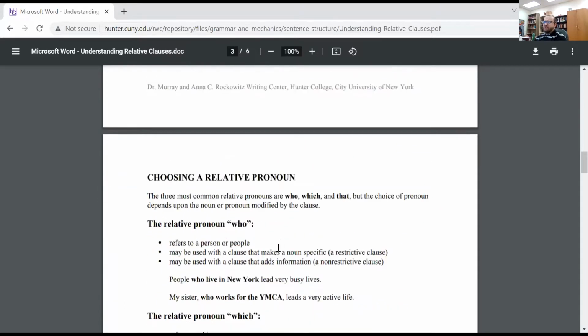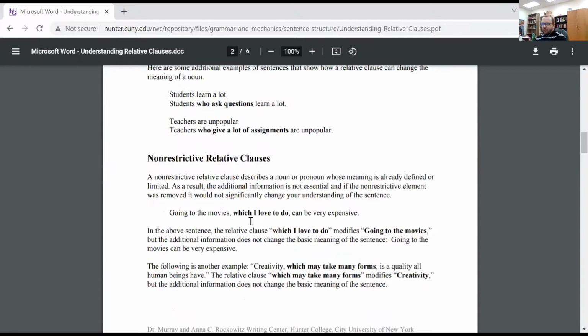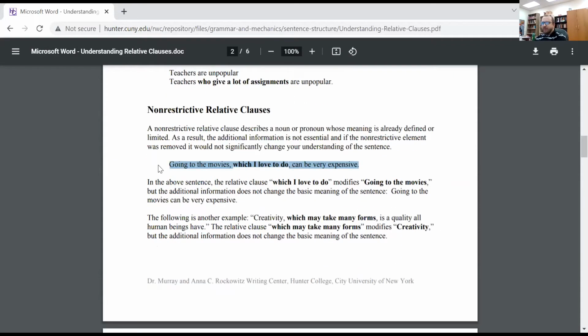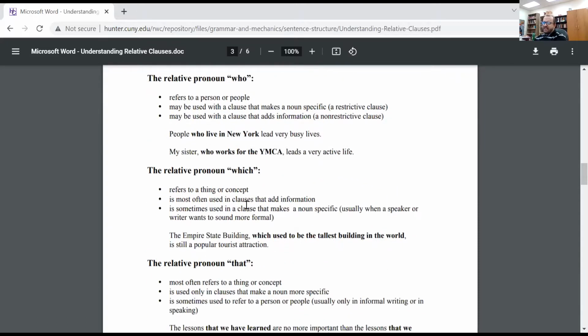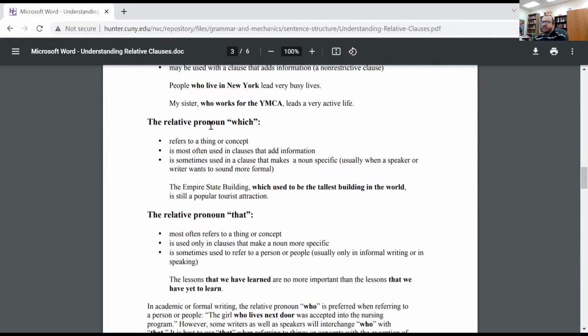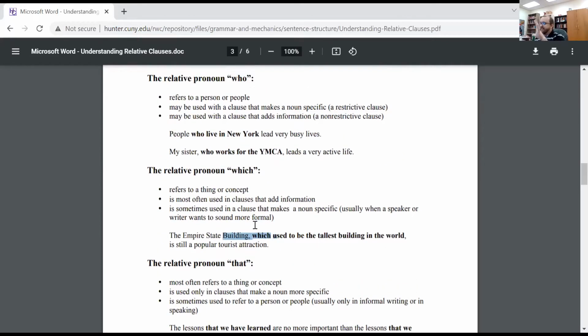So the question is, when do you use which pronoun? The biggest distinction that we have to note here is when do you use which or when do you use that? Basically, which is used when it's a non-restrictive clause, when it's something that can be taken out of the sentence and the sentence still makes sense.